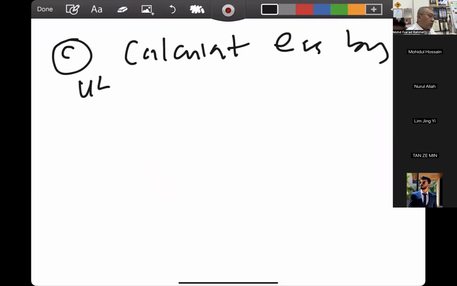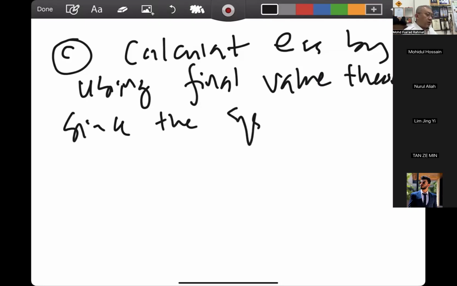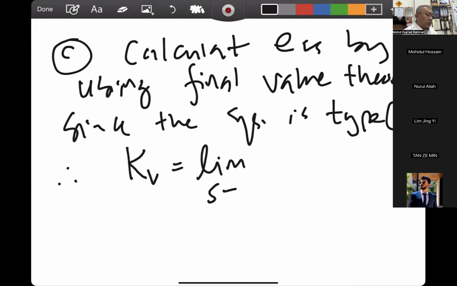By using the final value theorem. Okay, since the system is type 1, so therefore Kv is involved, which is equal to limit s to 0 of s G(s).